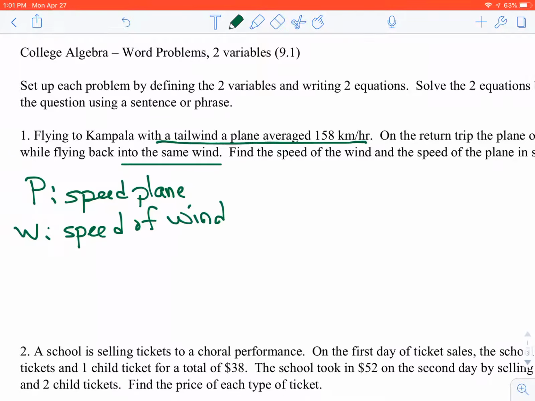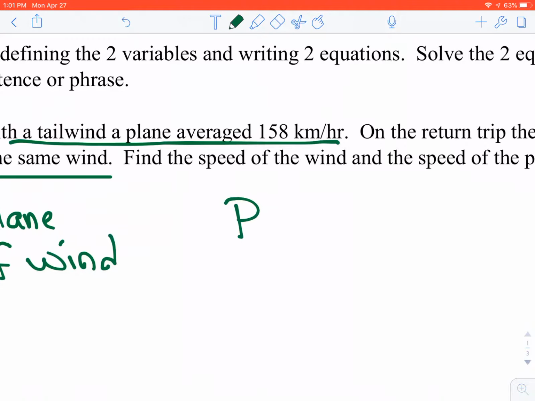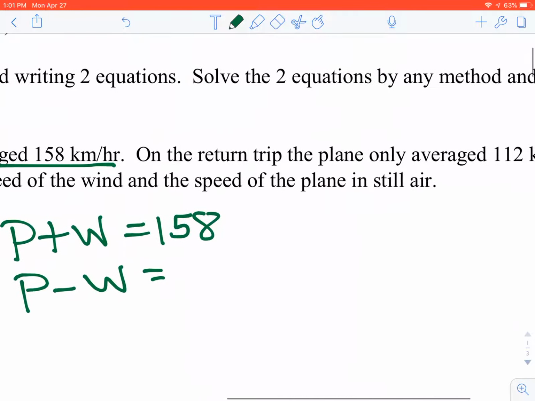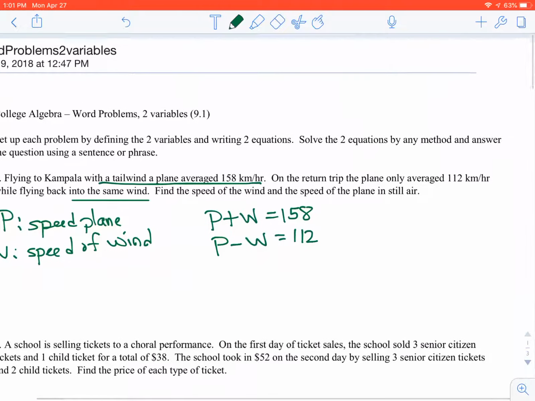Well, if you've ever been out in the wind and you run or you bike, you know that the plane plus the wind is going to be that 158. When you go back into the wind, that means you've got a headwind. That means it's going to slow you down. So the plane minus the wind is going to equal 112 kilometers per hour.